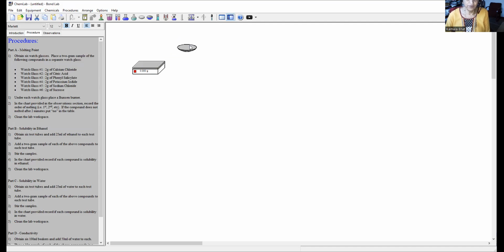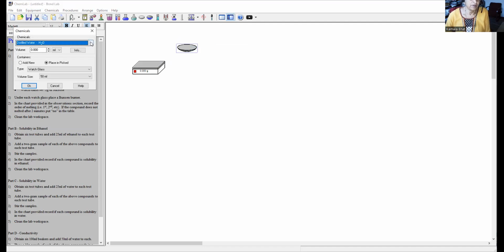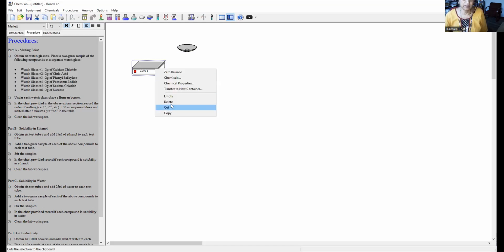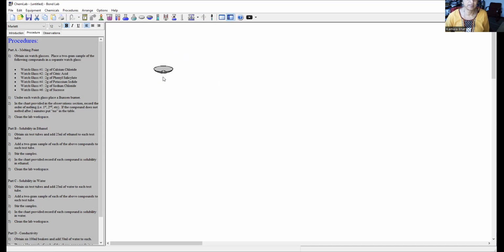Or if you don't want to, you can just click it and go directly to the compound and enter the mass there. So there is no need for an electronic balance. Just directly enter the mass required and say okay. So now I'm going to delete that balance. So we have the first compound inside it.